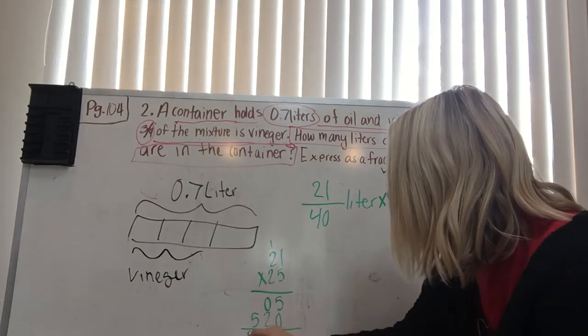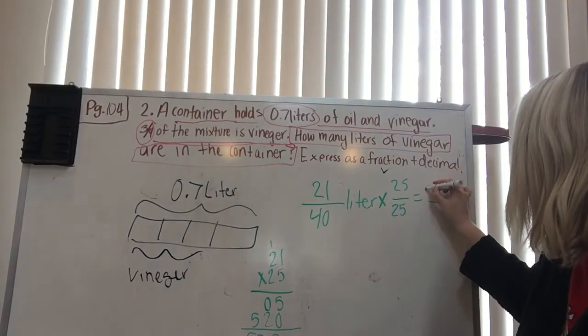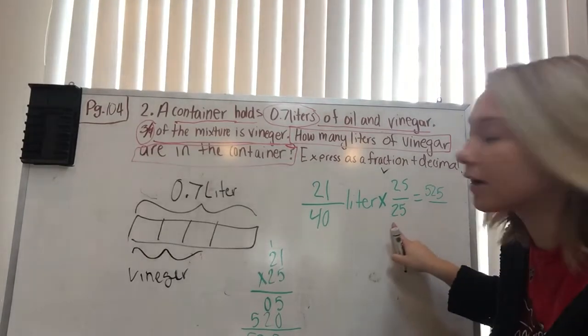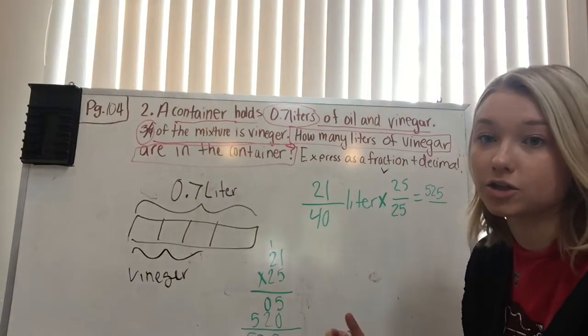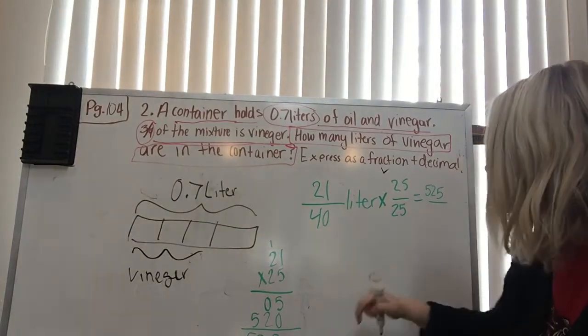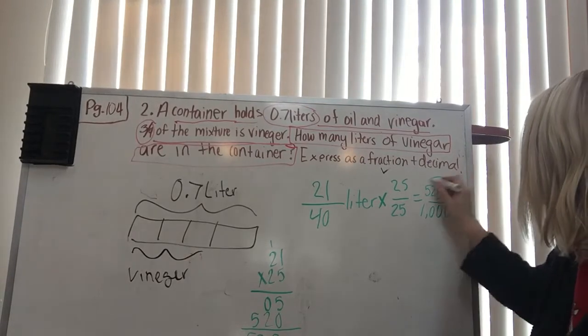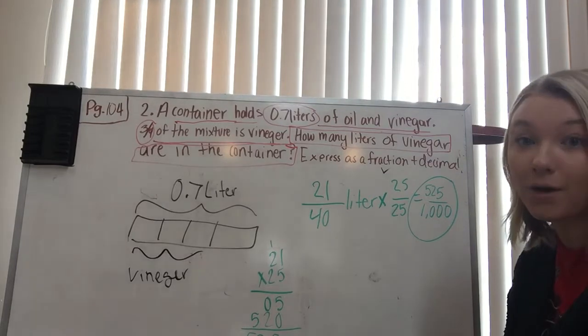So I have 525. And if this was 4 times 25, we know it would be 100. And we're just adding that extra 0, so it'll be over 1,000. So we have 525 thousandths.